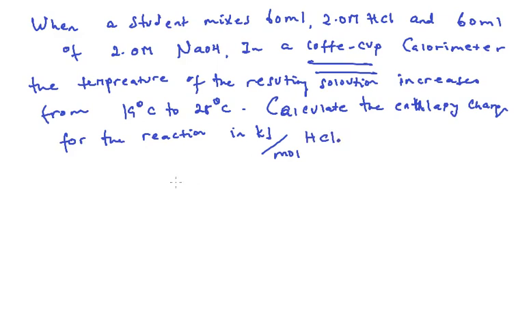Okay, so this is a multi-step question. We have a chemical reaction, which is hydrochloric acid reacting with sodium hydroxide. Normally such a reaction is considered a neutralization reaction, but this is not simply a neutralization reaction. This is a thermochemical equation.